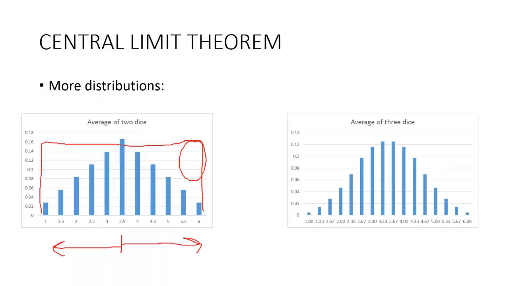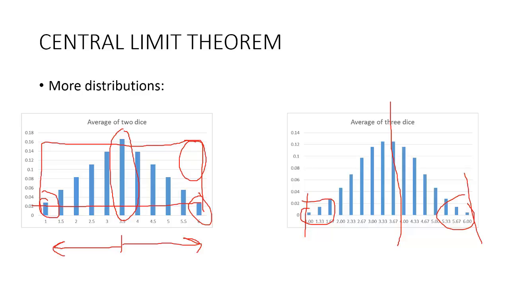Now the probability of finding points far away from the center has reduced. These are low probabilities, but the probability of finding things close to the center has increased, right? So therefore the standard deviation of this distribution is lower than the standard deviation of the uniform distribution, and that effect is going to just increase. The probability of extremes keeps becoming lower, thereby the standard deviation becomes lower, given that for all of these you're starting with 1 and ending at 6.